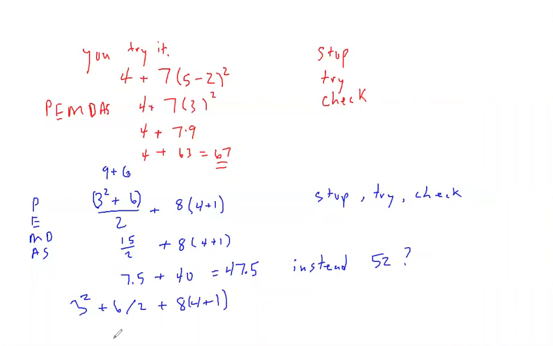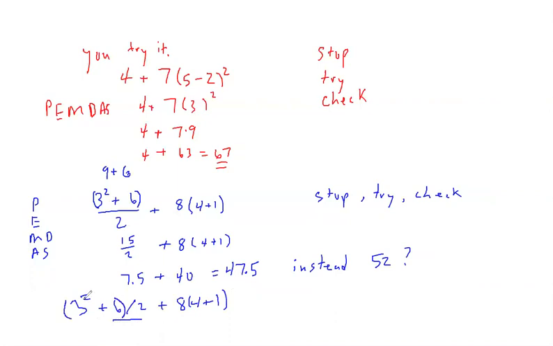And your calculator did exactly as you said to do, divide 6 by 2. But the original problem says to divide 3 squared plus 6 by 2. So in order to make your calculator do the right thing, you have to include this parentheses right there.